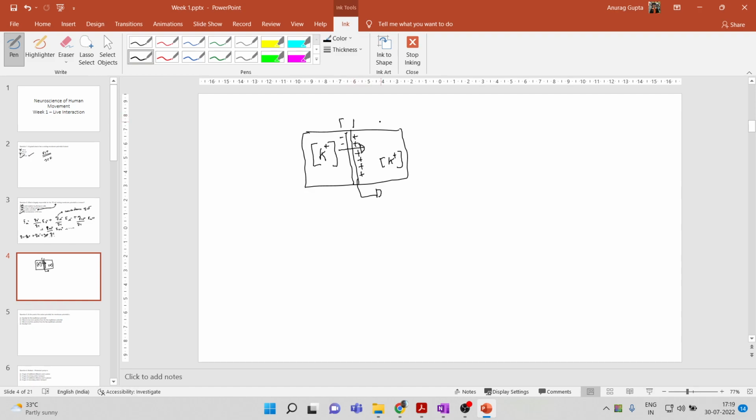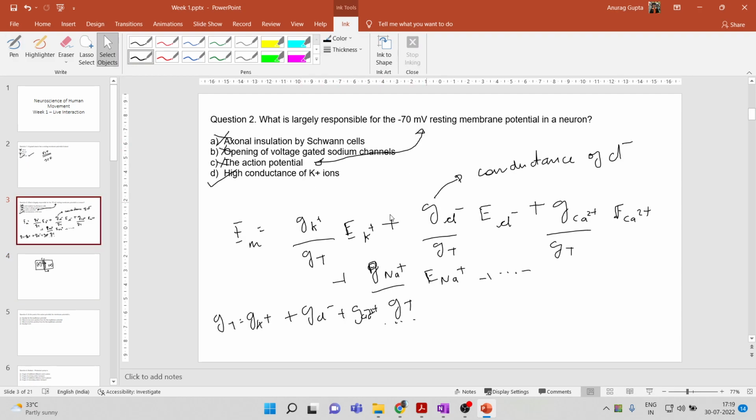So there is a Nernst potential based on the concentration across the membrane. There is an equilibrium potential for all ions. So this is the equilibrium potential for potassium ion, this is the equilibrium potential for chloride ion, and similarly for the other ions as well, sodium and calcium.